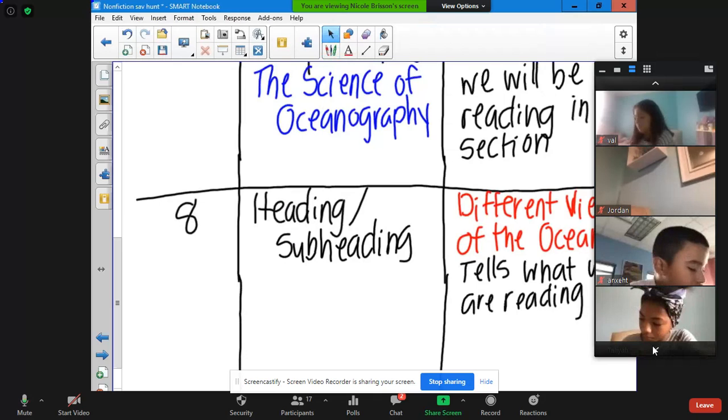You can have multiple headings or subheadings within a chapter. Your Scholastic News does a really good job with subheadings. It's got the main article, and then it usually has 3 different sections that you're going to be reading, with those subheadings or headings in black right above.